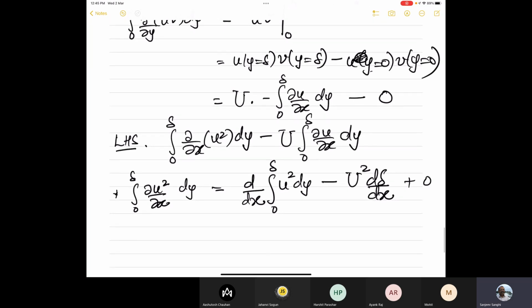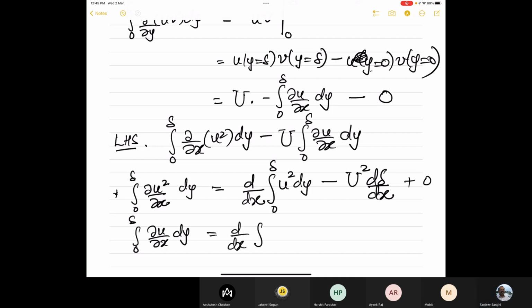And if we look at the second term, integral from 0 to delta, we need du by dx dy. This is what comes in the second term. This will be equal to d by dx of the integral of small u dy, minus capital U d delta by dx.